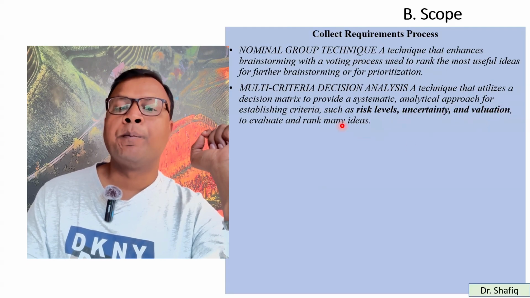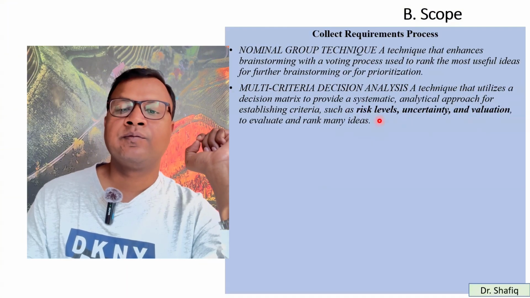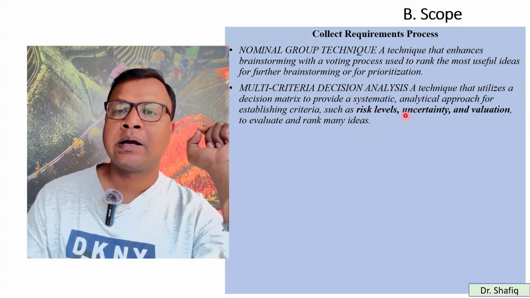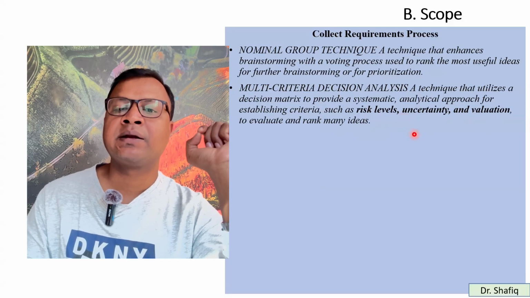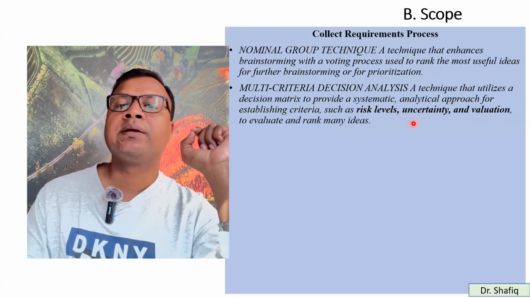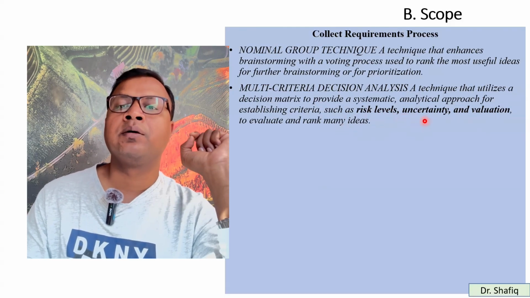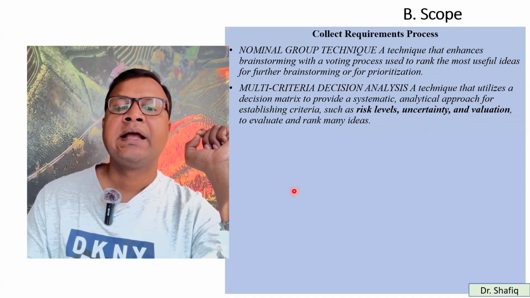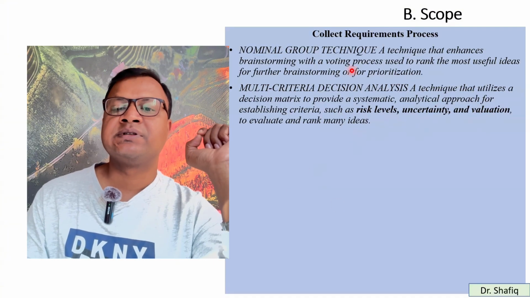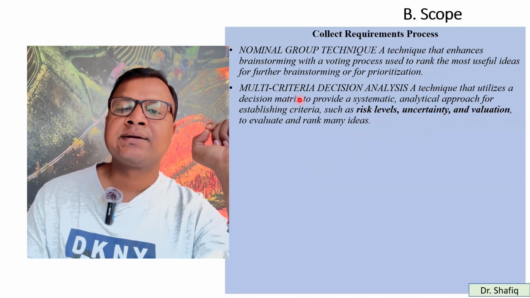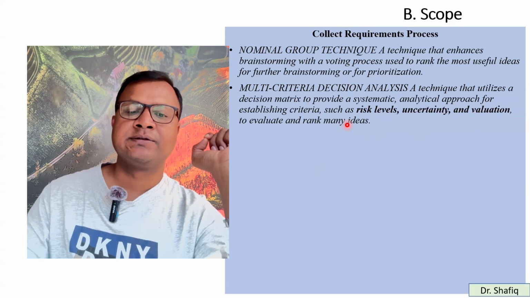So combining all the criteria, covering all the criteria, that means multi-criteria. When you make a matrix based on the opinions of the stakeholders to find the requirements, that is called multi-criteria decision making analysis.